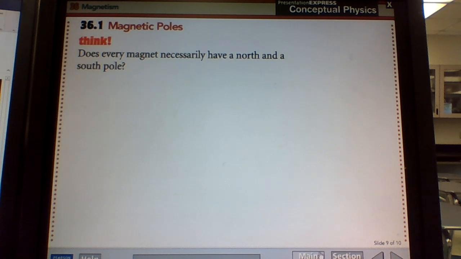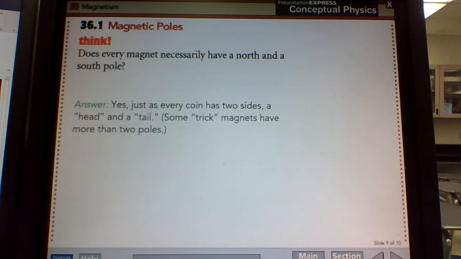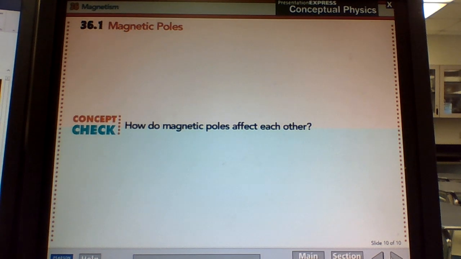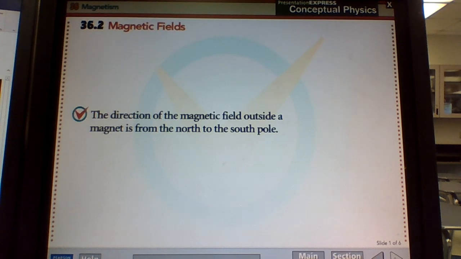Your answer should be unequivocally yes. And so how do magnetic poles affect each other? Again, like poles will repel and opposite poles will attract.